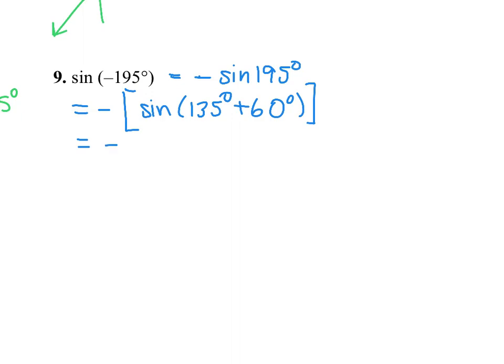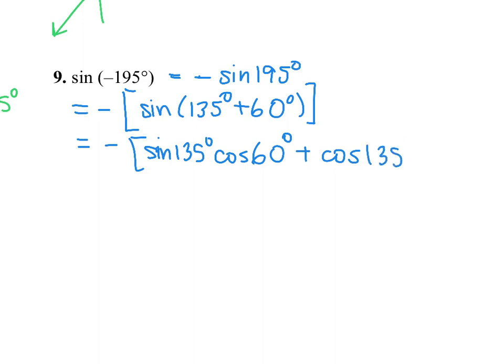Then looking back at the sum and difference identity, this one's also sine cosine plus cosine sine. So this is going to be sine, cosine, plus cosine, oops, wrong angle, sine.